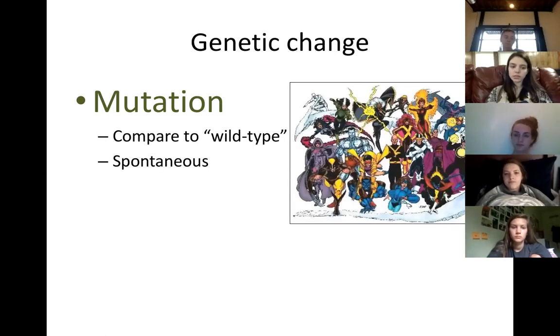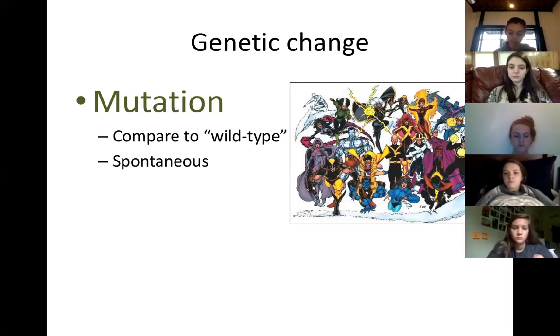So when it comes to mutations, you have a couple different types. You have spontaneous, all right? So for those of you that like the X-Men, which I assume is all of you, right? Right, Lauren? Okay, good. Or at least you're good at humoring me. If any of you were into the X-Men when you were younger or are into it now, we would consider that most of these are spontaneous mutations.